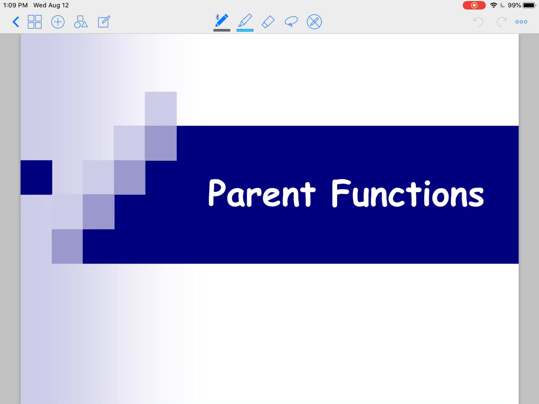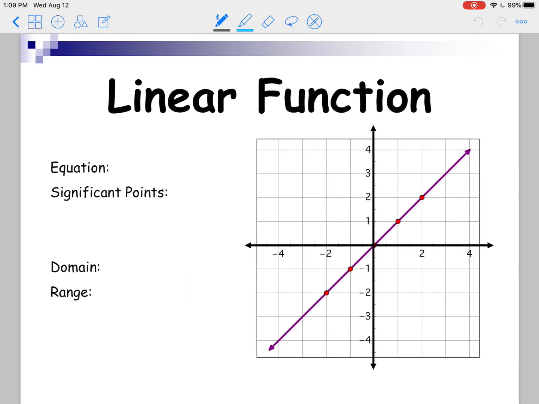Okay, so now that we have reviewed what a function is and how to use function notation, we are going to meet some of our most important functions that we visit this year. We're going to start with a function that is probably very familiar from Algebra 1, the linear function, the linear parent function.